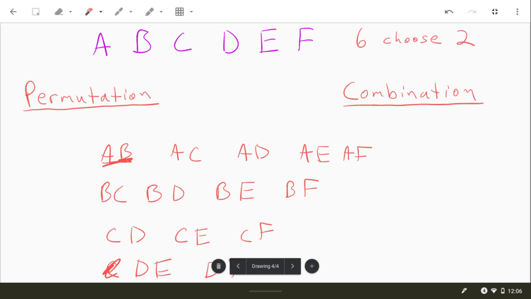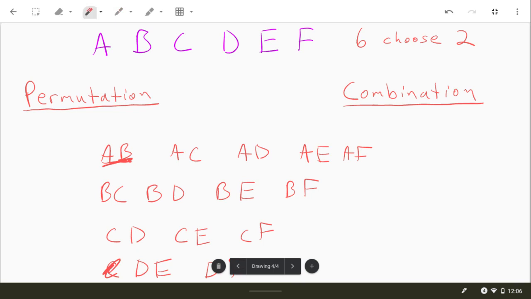So that might be like you've got 6 options, but you're choosing 2 of them to do 2 specific jobs, all right? Or maybe one of these is getting a first place trophy and the other is getting a second place. In that case, AB would be different than BA, all right? And this is going to be the difference between these 2 words.